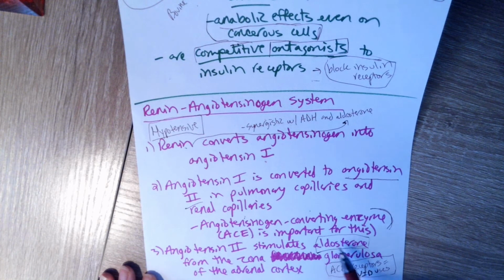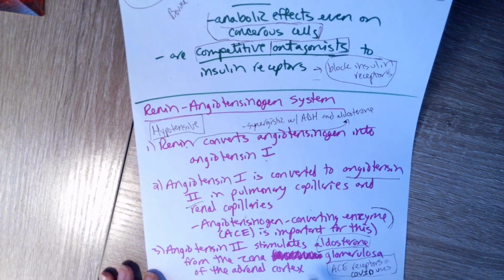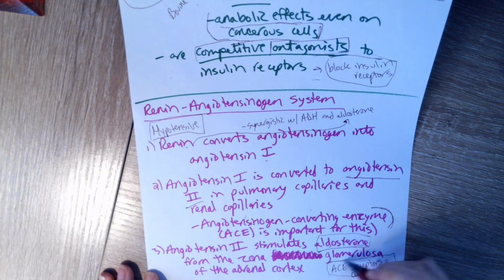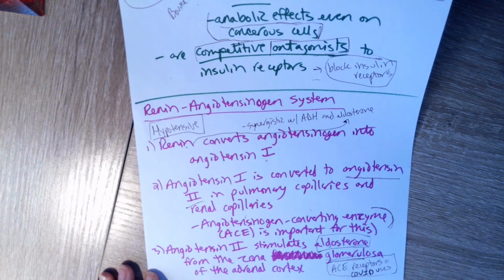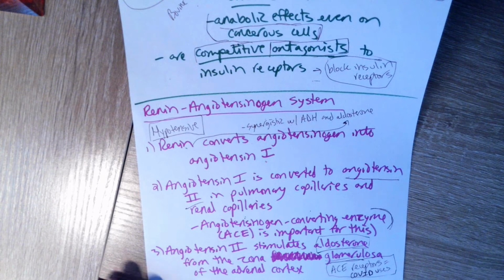It's angiotensin 2 that stimulates aldosterone. And aldosterone is made in a very specific part of the adrenal cortex, the zona glomerulosa, which you've learned in lab. Okay, so that is it for your hormone lecture.